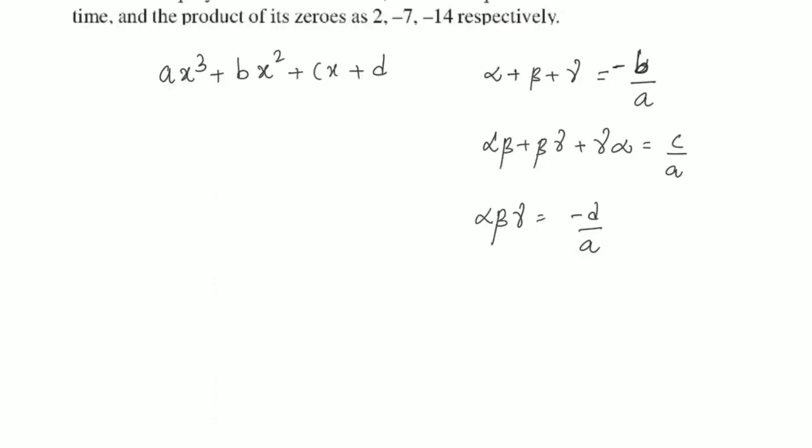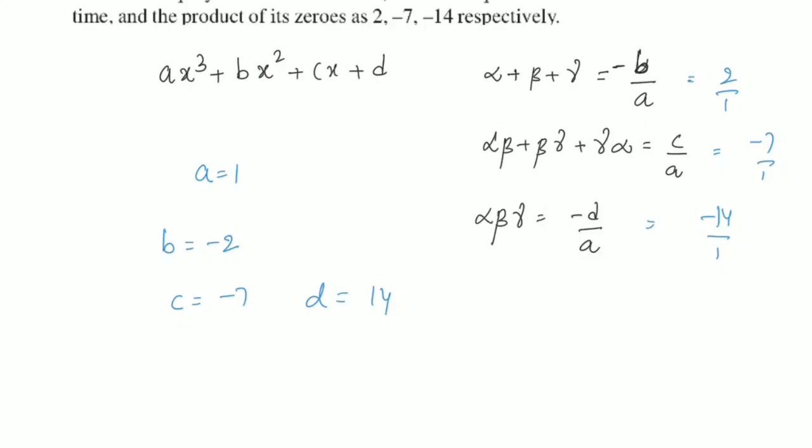Write down the values given. So if I write the values, it is 2, minus 7, minus 14. Anyway, 1, 1, 1 you write. Therefore a becomes 1, b becomes minus 2, c becomes minus 7, d is 14.